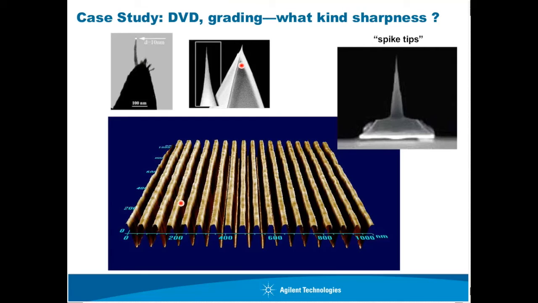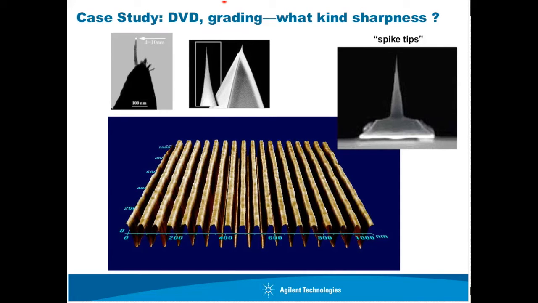And this kind of sharp tip at the very end is also not very useful, because the sharpness only lasts the first 20 to 50 nanometers. What you need is a spike tip that has a very high aspect ratio throughout the first hundreds of nanometers. That's useful for imaging this type of sample.